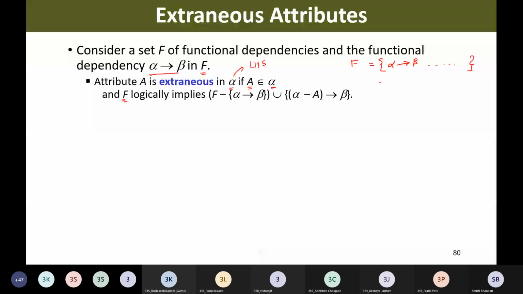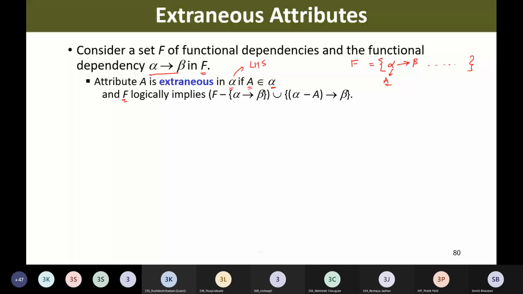this alpha contains one attribute as A. We are saying that this attribute A is extraneous if A belongs to the left hand side of the functional dependency, that is A belongs to alpha, and F logically implies the new set F dash.